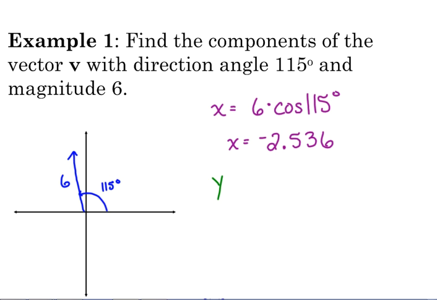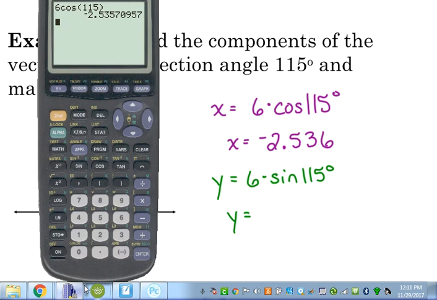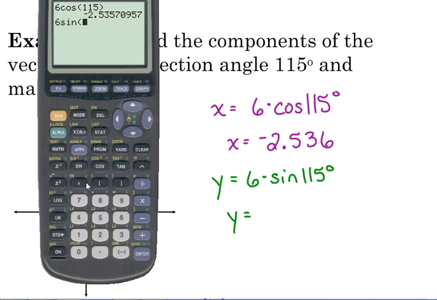And do y'all think it's going to be bigger or smaller than 2.5? Bigger. Why? Why do you think the y component is going to be bigger? Lucky guess? Yeah, 50-50 chance.